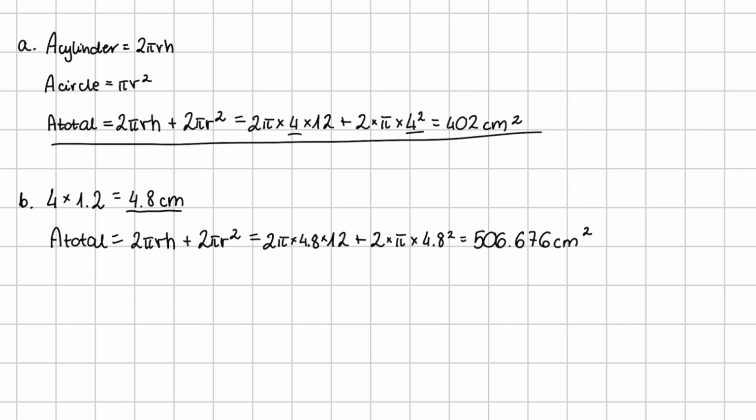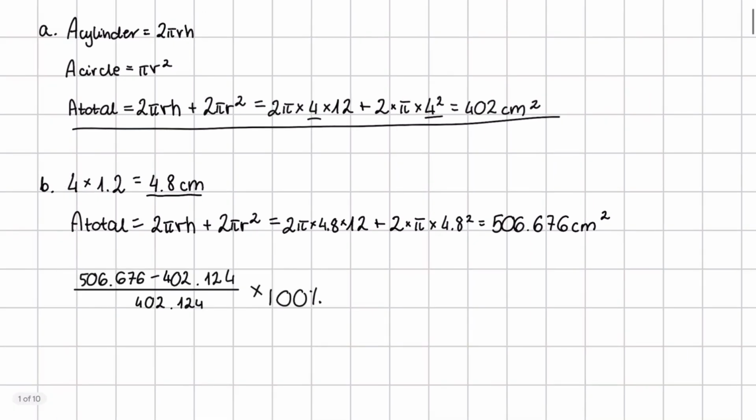So basically from our new value we have to subtract the old value and divide it all by our old value and times 100%.